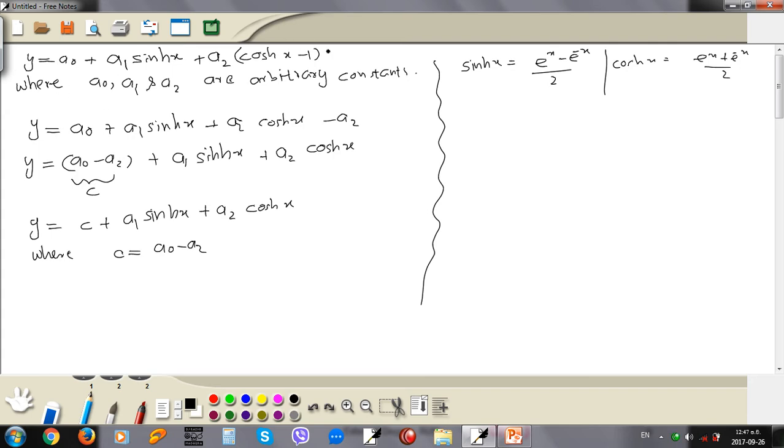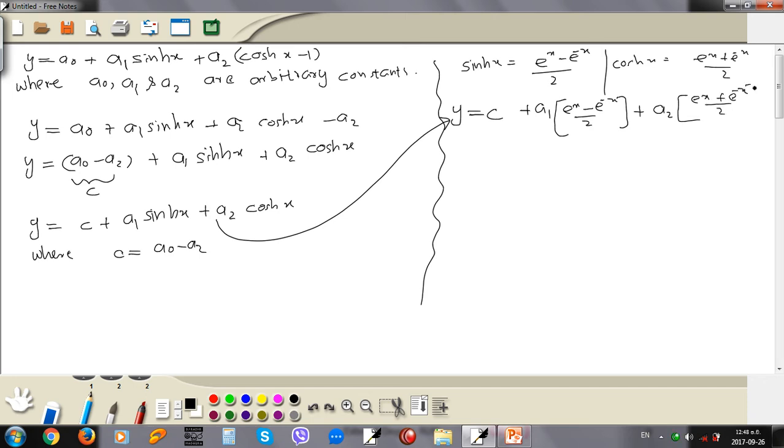So I am taking this again: y equals c plus a1 sinh x plus a2 cosh x, and instead of sinh x and cosh x we write the exponential expressions over 2.